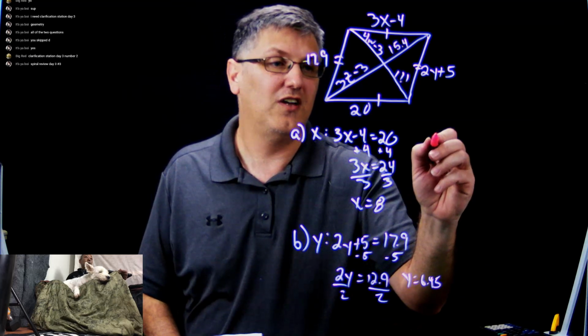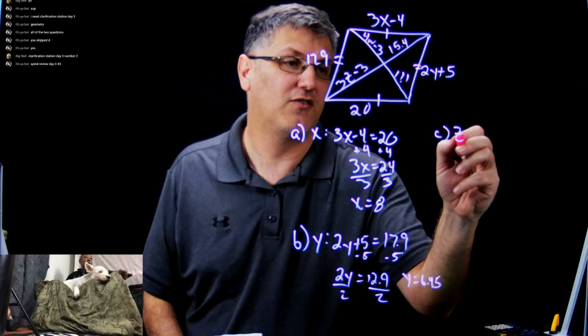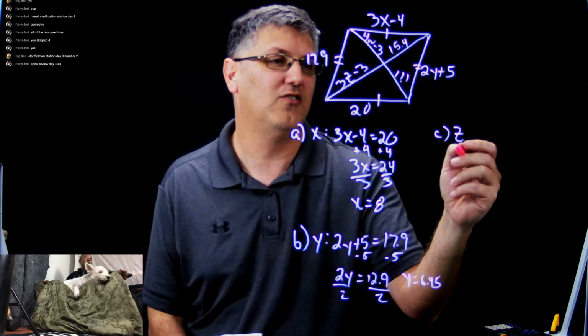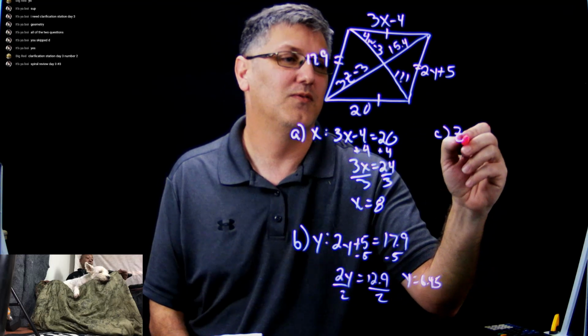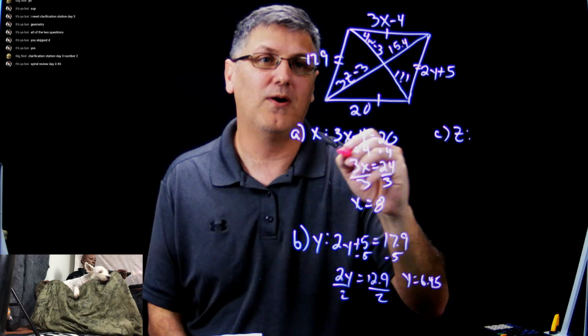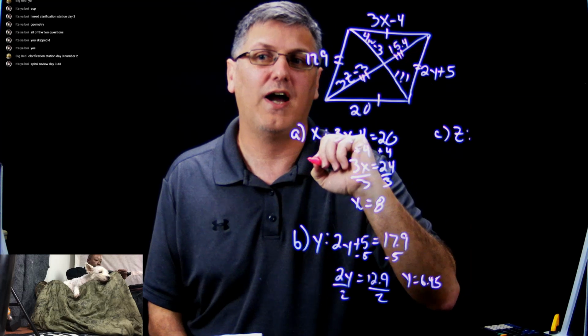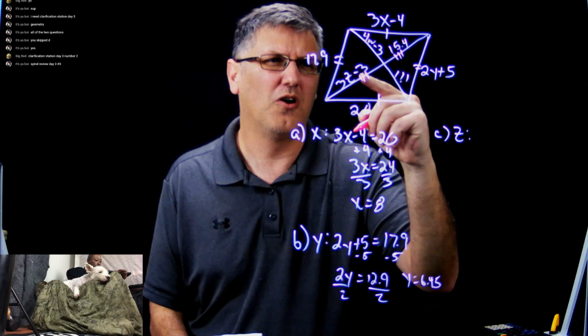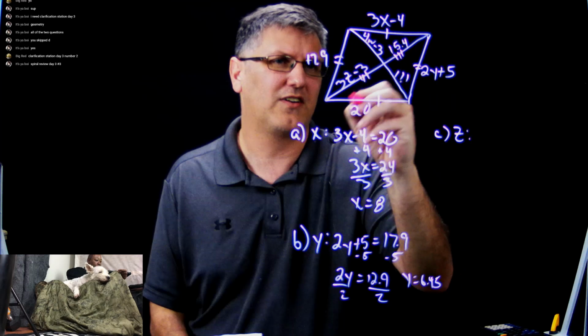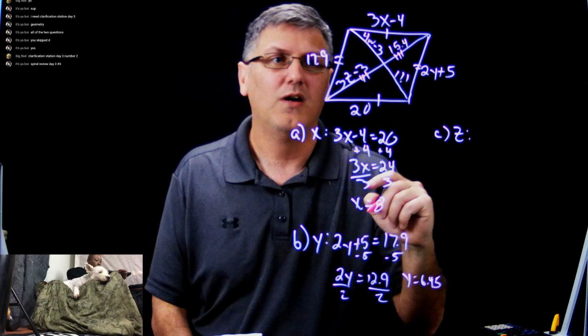C simply asks for z. I had a student I used to call CZ. C asks for z. All right, so I'll find my z's. The key here is that with parallelograms, my diagonals bisect each other. So 3z minus 3 and 15.4 are congruent.